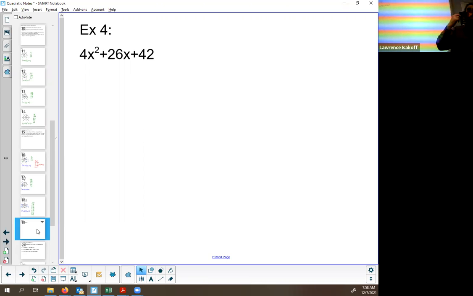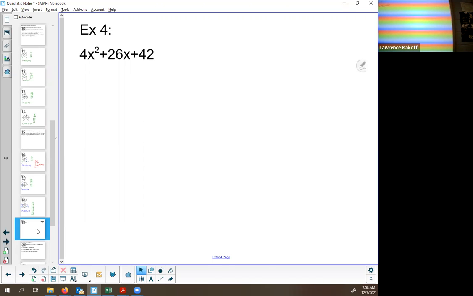Since they're all divisible by 2, what I'm going to do is pull out a common factor of 2, and then I'm going to factor the rest. It's going to make my number smaller, because 4 times 42 is, what is that? 168. That's a big number to be working with if we don't have to be, right?